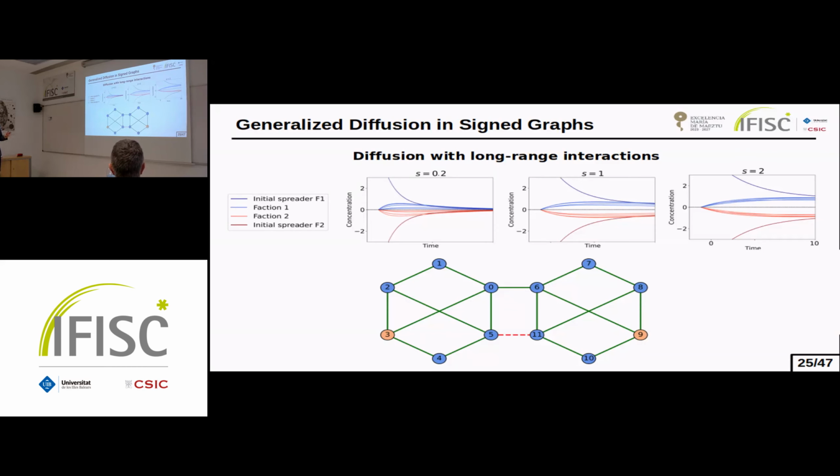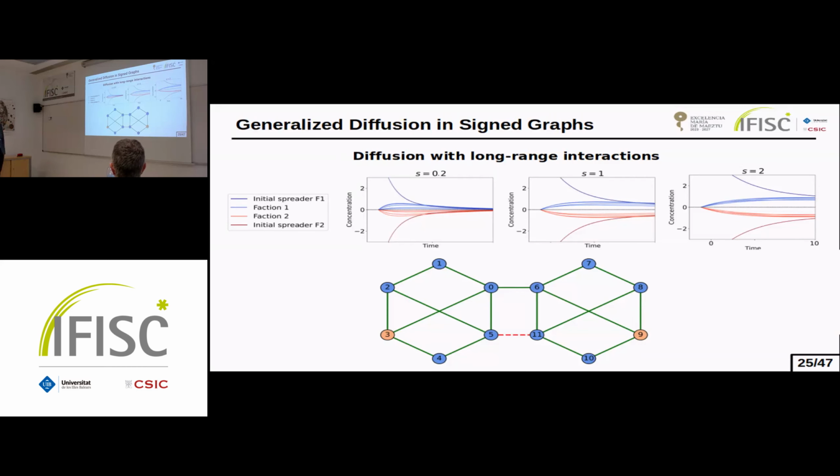This happens because of the very strong modular structure of the network, and importantly, this is not the real stationary state, because Altafini's theorem tells us that the stationary state must be absence of opinions, must be zero. What's happening is that the modular structure is creating a very long-lived metastable state that is deceiving us.